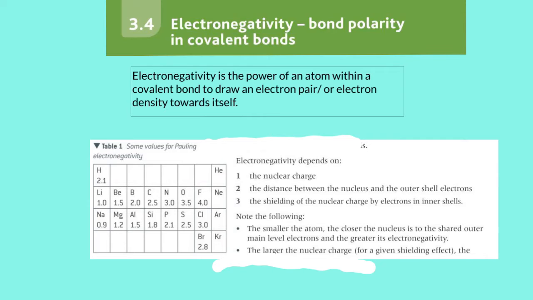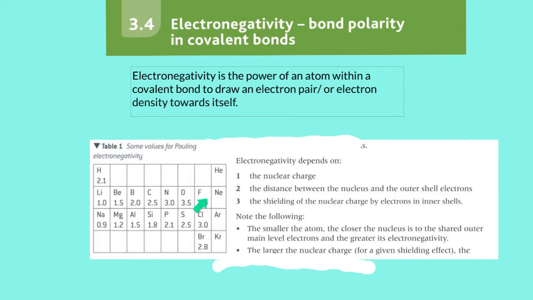Also, the smaller the atom, so lithium is much smaller than sodium, the closer the nucleus is to the outermost electron. So the larger the nuclear charge, or the less shielding there is, the greater the electronegativity.